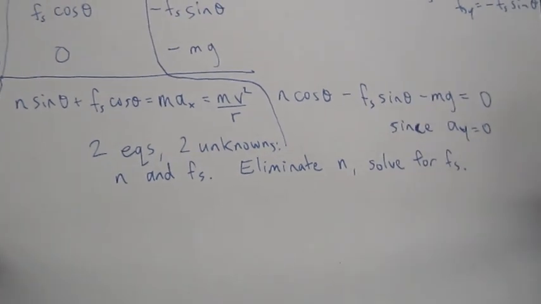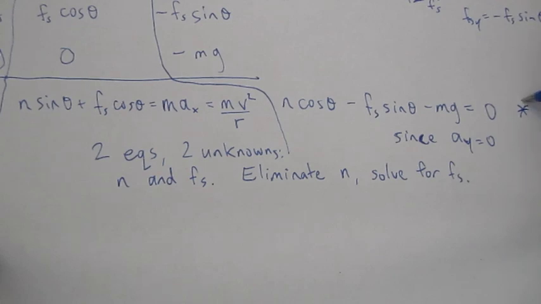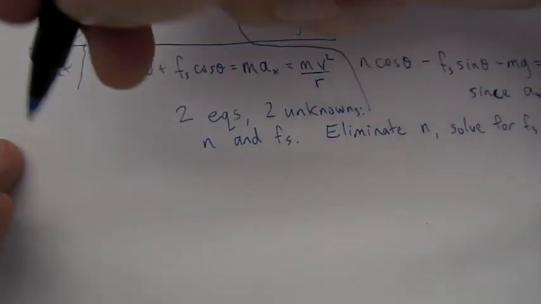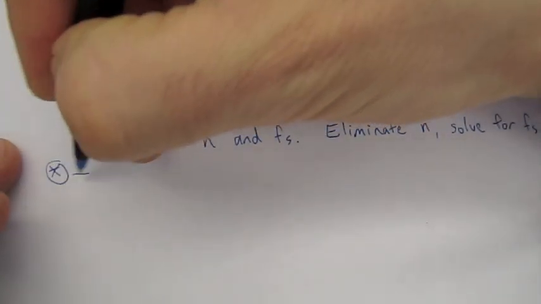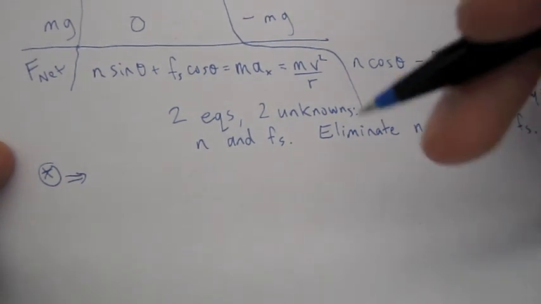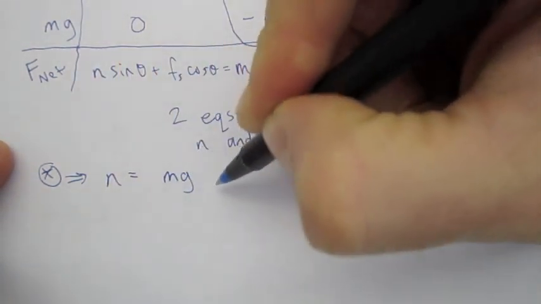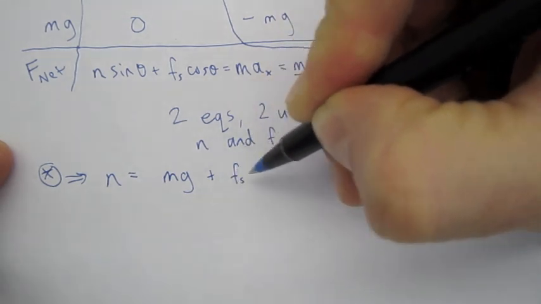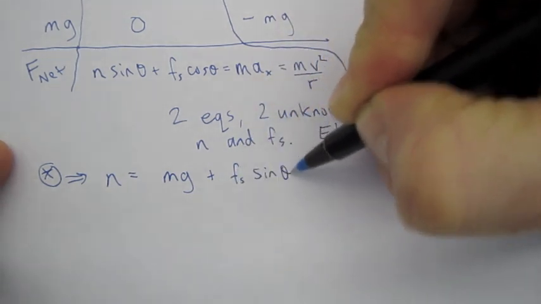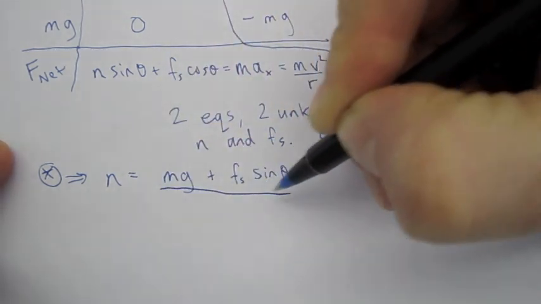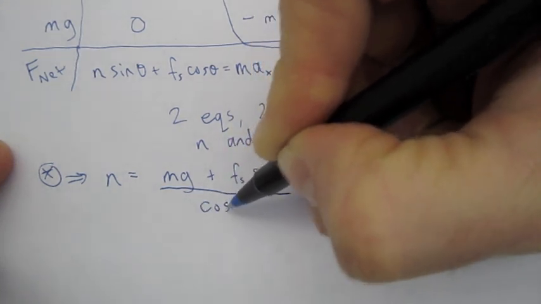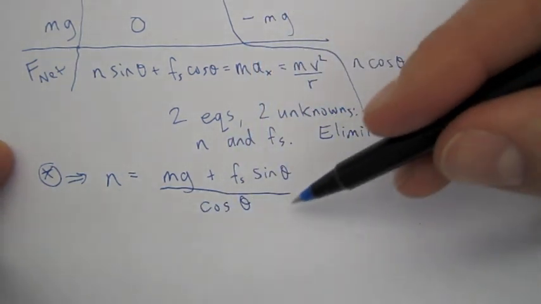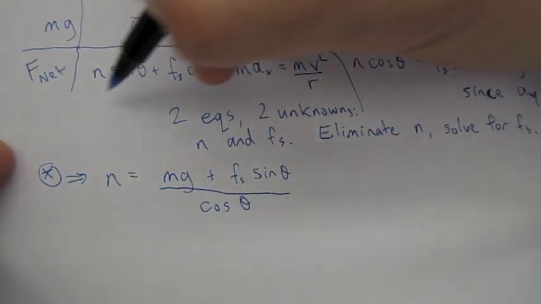So if we take this first equation up here, call that star, then star implies that if we solve that out, n is equal to mg plus f sub s sine theta divided by cos theta. Okay, and now we're going to plug that into this equation up here.